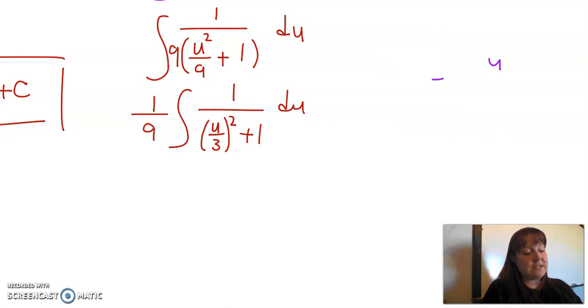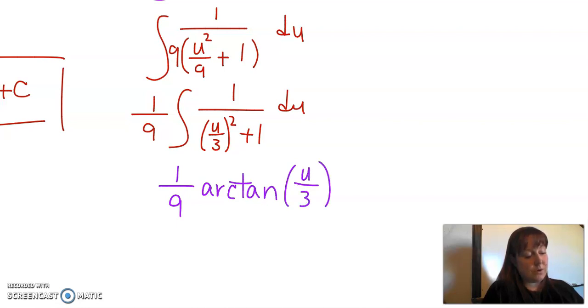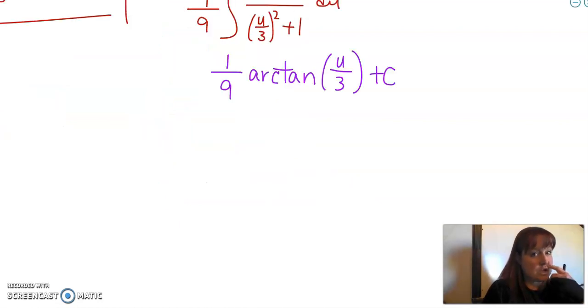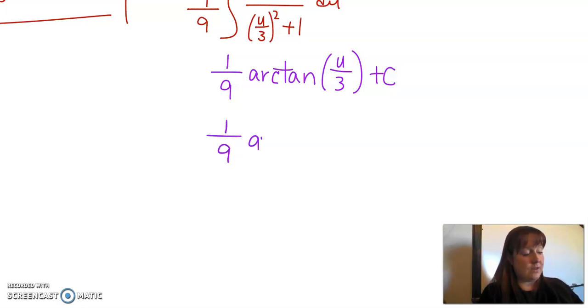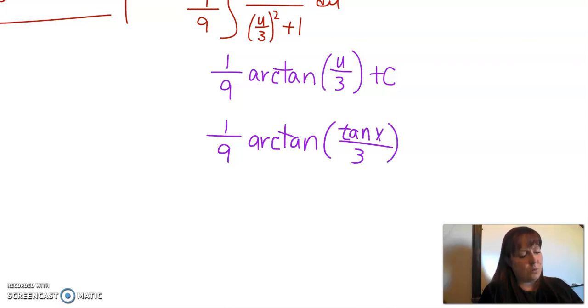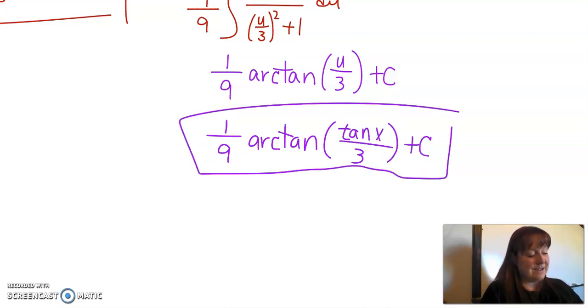The final integral is 1/9, and the integral of this is arctan of our something, which is u over 3, plus c. And then what was u? Our original one was in terms of x. Our integral now is in terms of u, so we need to switch it, so it's not in terms of u anymore. So we have 1/9 arctan, and remember that u was tan x, so we can write tan x over 3, or 1/3 tan x, plus c. And that is it.